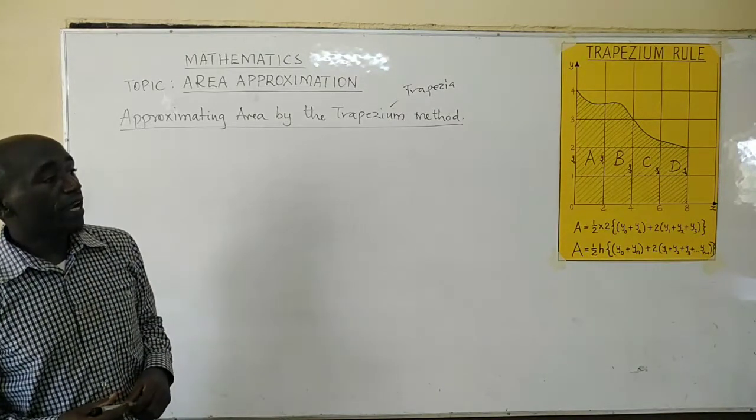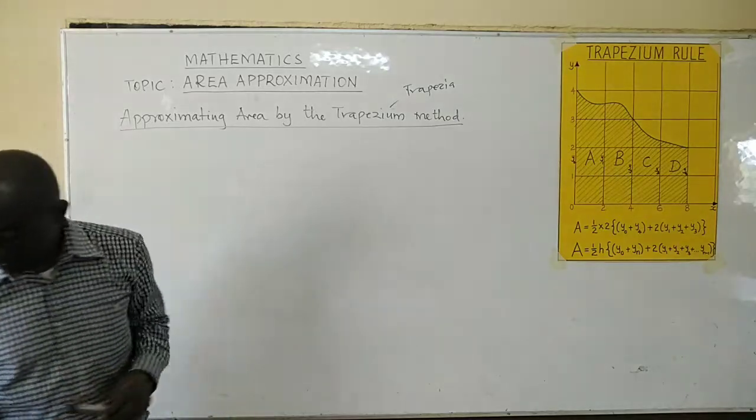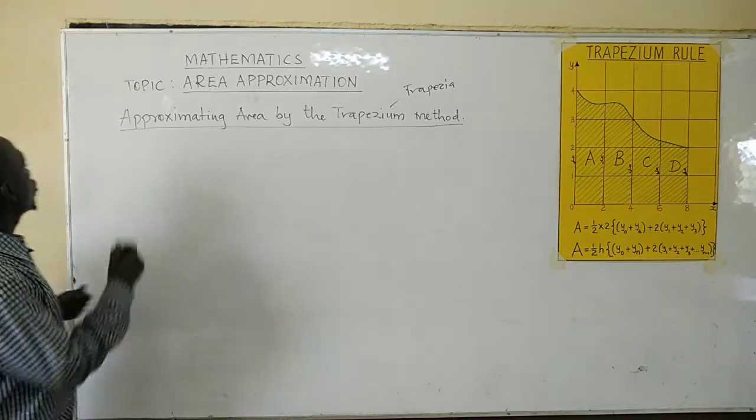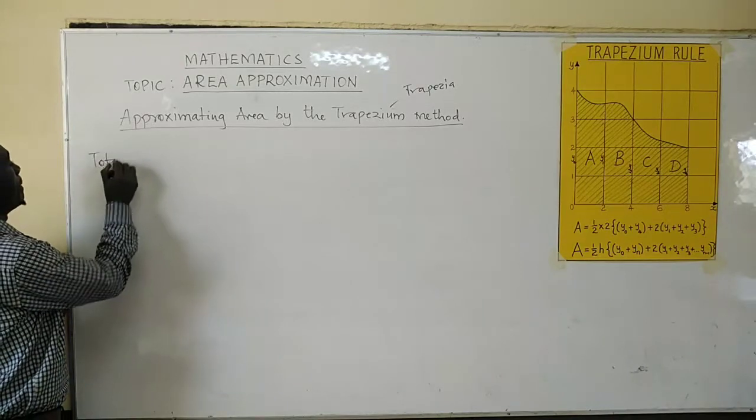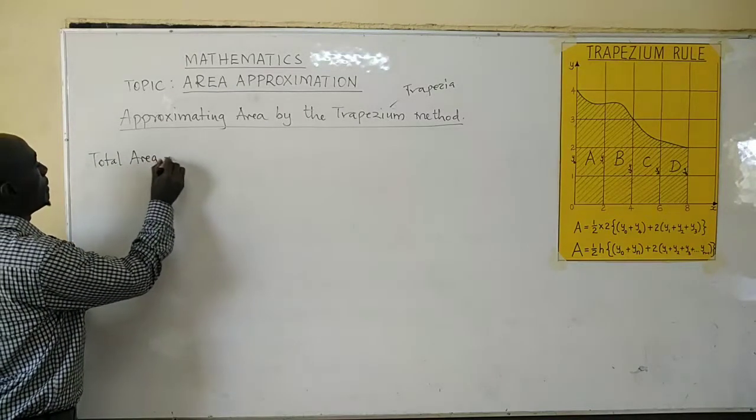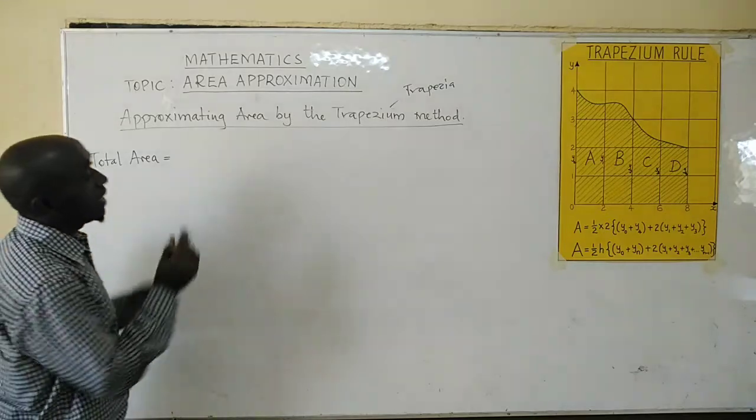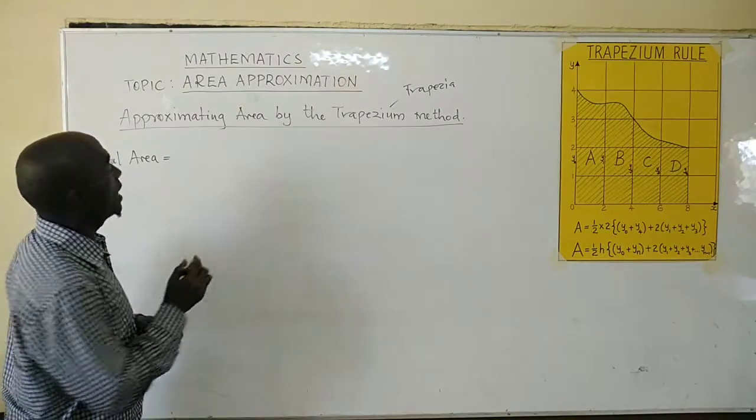So if we find the area of each trapezium and add, then the total area is the area of trapezium A, which is a half, in brackets, y0 plus y1, times h.